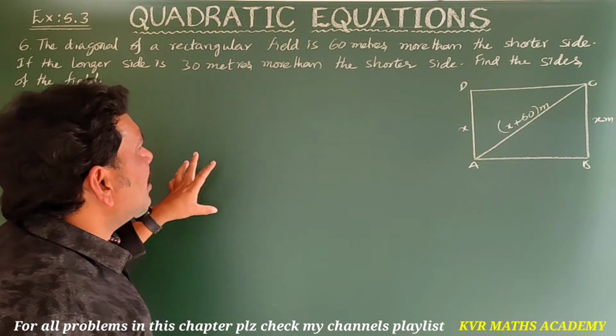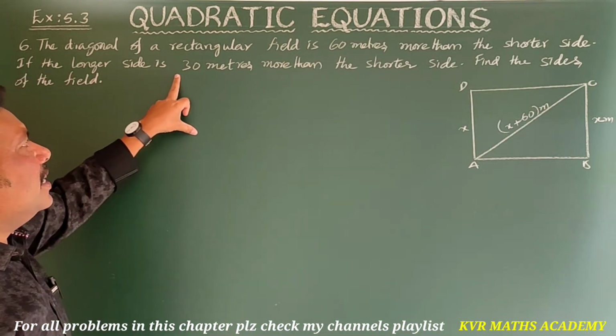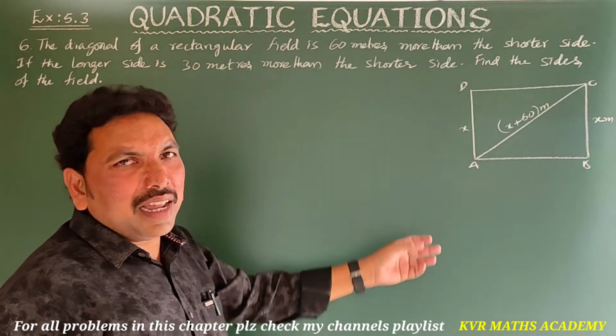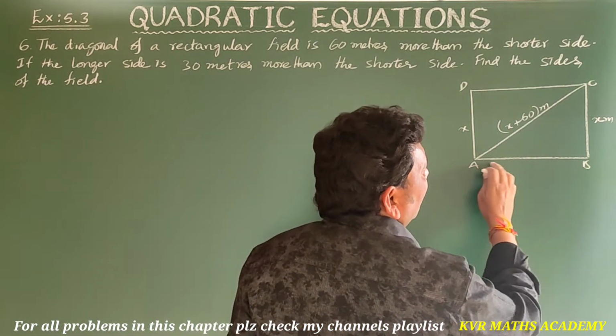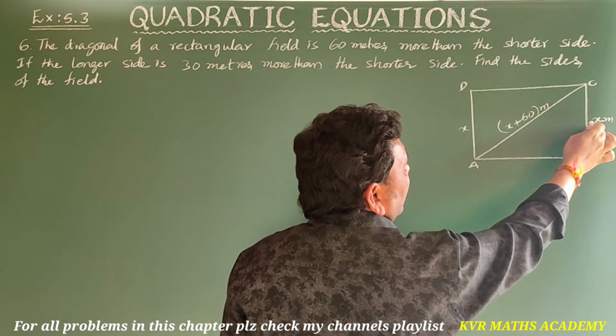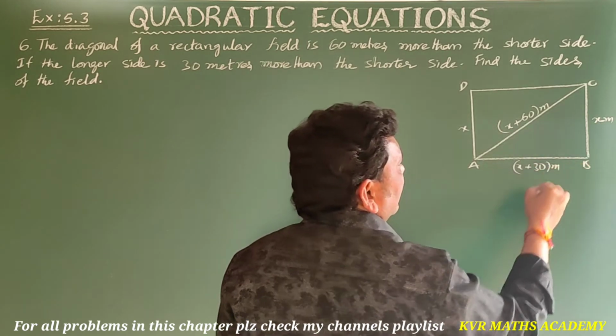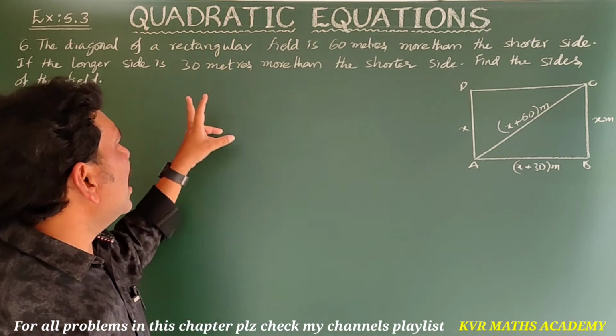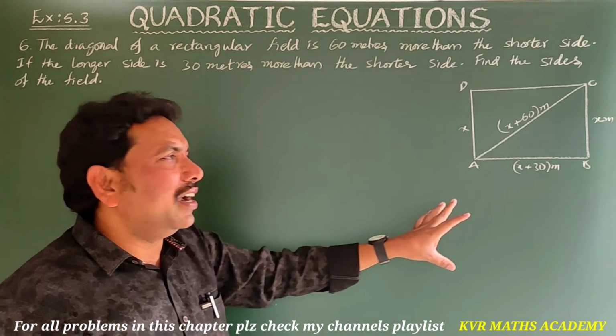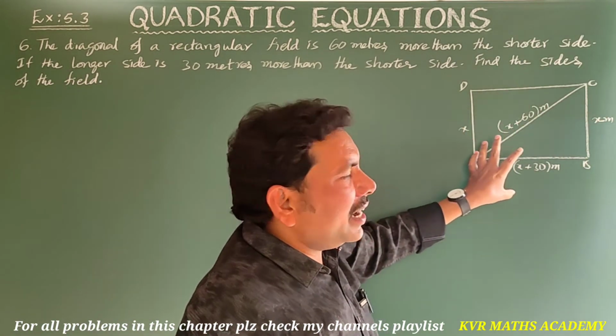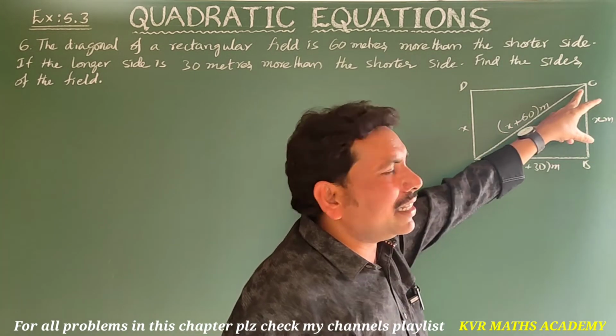Right. Next, the longer side is 30 meters more than the shorter side. This is the longer side. It will be 30 meters more than the shorter side, means x plus 30 meters. Now, find the sides of the field. Sides of the field means here, this is the rectangular field. AC is the diagonal now.